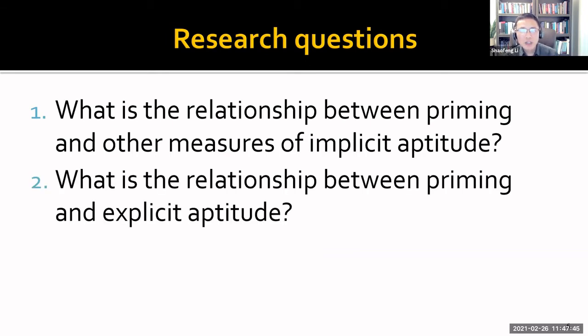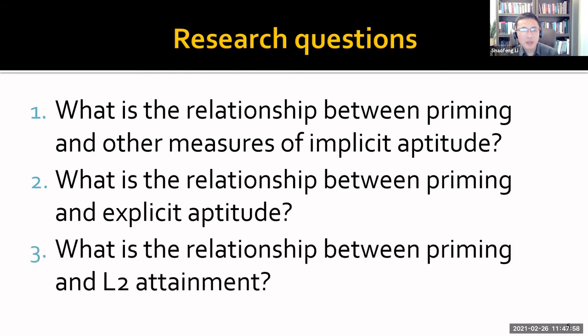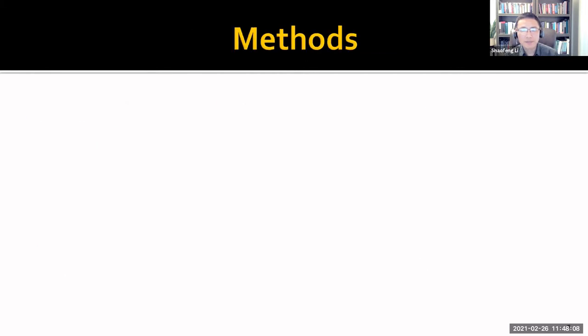The second question is about the divergent validity of syntactic priming, namely whether it is distinct from or uncorrelated with explicit aptitude. The third question concerns the predictive validity of syntactic priming as a measure of implicit aptitude, that is, whether it is predictive of learning outcomes.